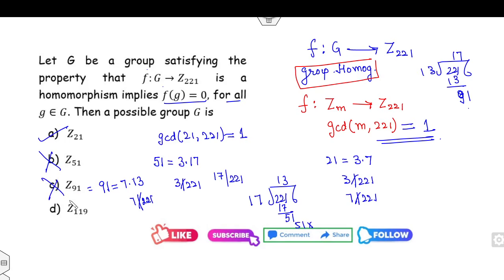So this is again not 1. Similarly, the GCD of 119 and 221 is not 1. You can factorize them; again it is divisible by 17. So the right answer of this problem is A.